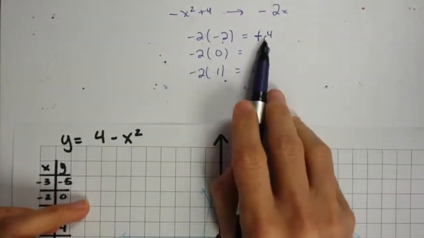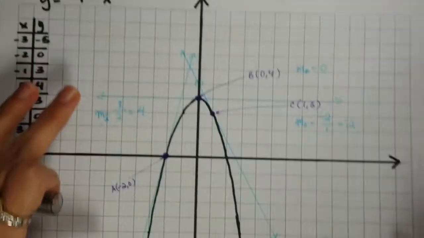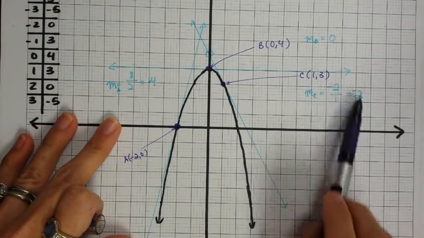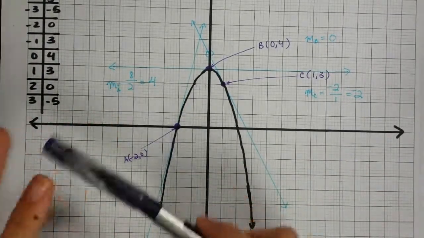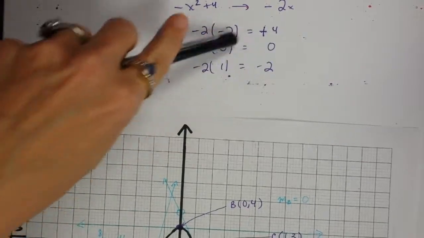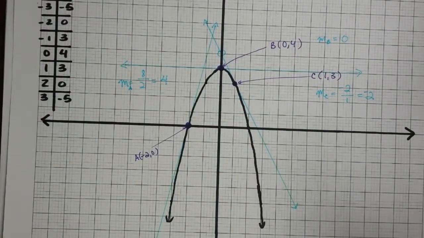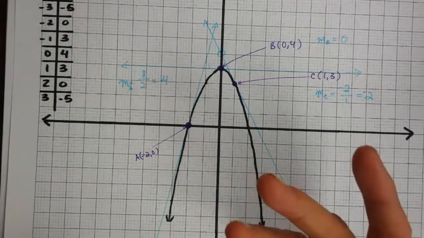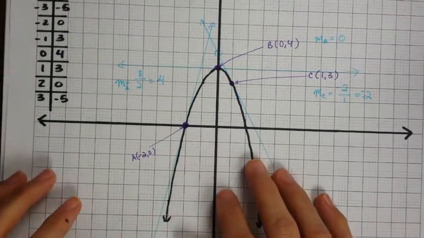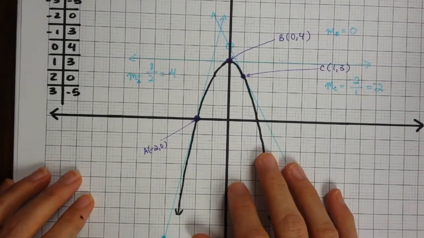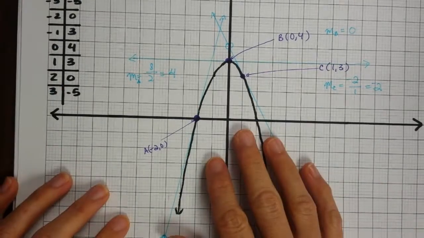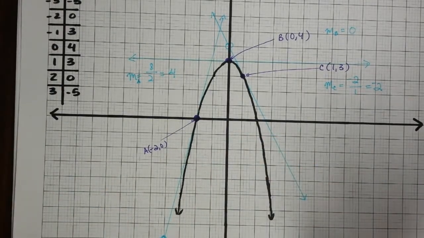I got 4, 0, and -2, which is exactly what I got, 4, 0, and -2. So these are the actual slopes, and these are what I got. I was really hoping that one of mine would be off, so I could show you guys that you're not always going to get the answer that's in the back of the book. But unfortunately, I failed at that.